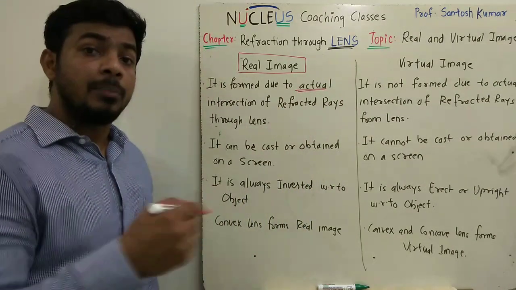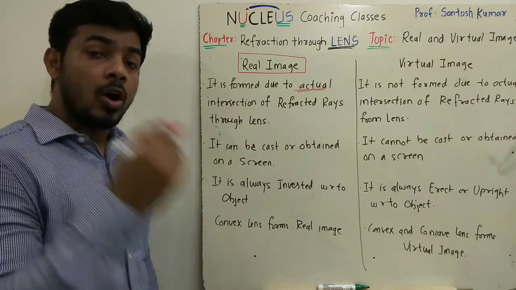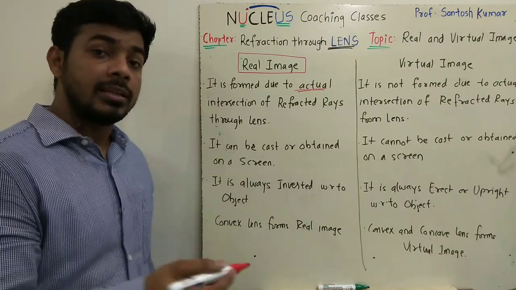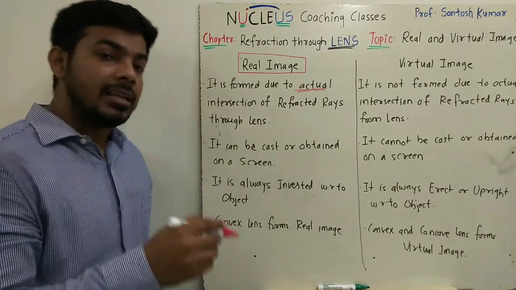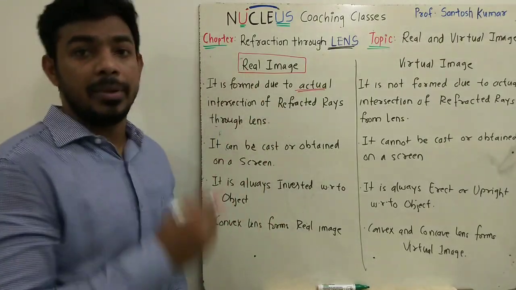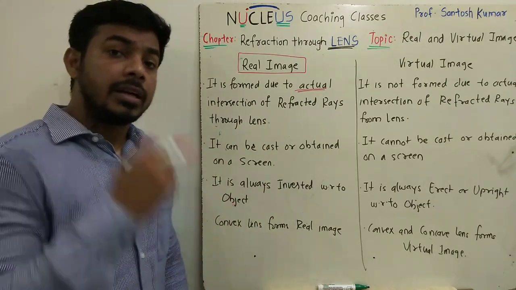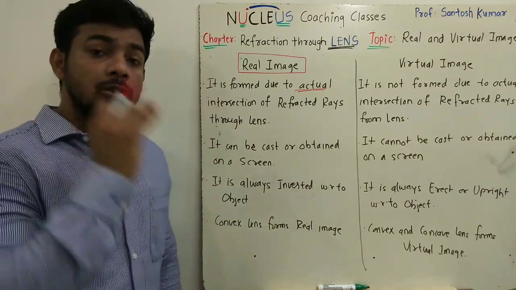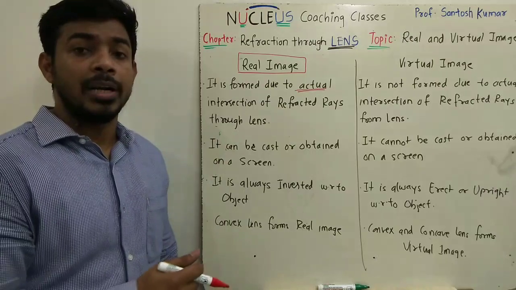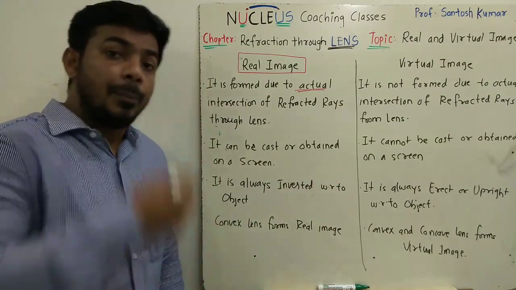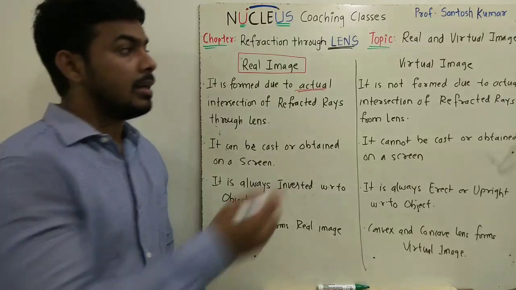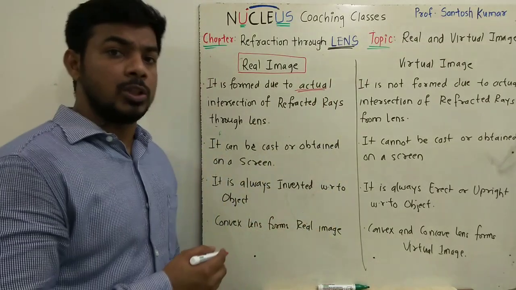That means whenever a ray passes through a lens or gets refracted through lens, if the rays actually meet at a point, then that image will be a real image. But what if the rays after refraction do not actually meet at a point, or they appear to be intersecting? If the rays appear to be intersecting at a point, then that image will be a virtual image.